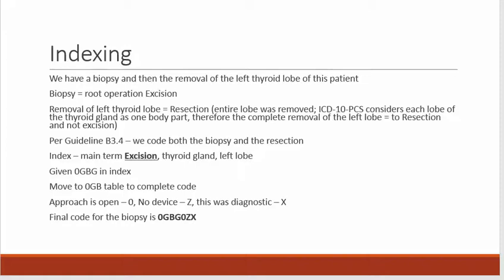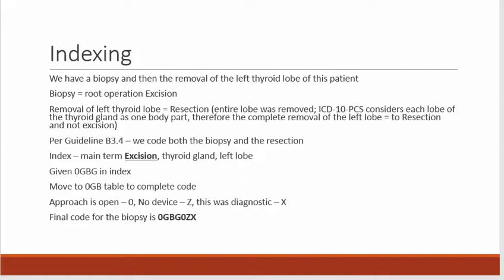The main term is excision. And then we have the anatomy, which is thyroid gland and then left lobe. We're given the information of 0GBG in the index. Then we move to the 0GB table. We decided that the surgical approach is open via the information on the incision.